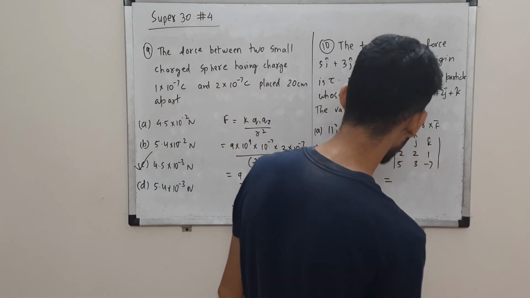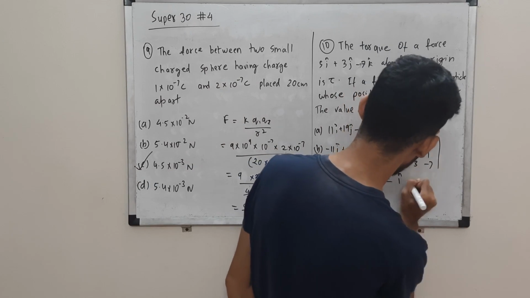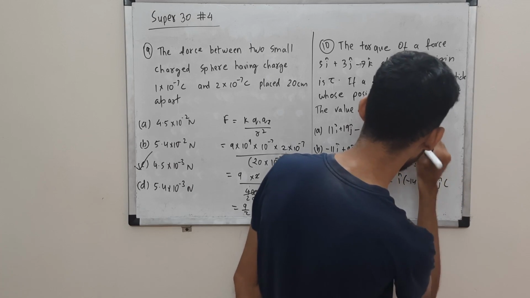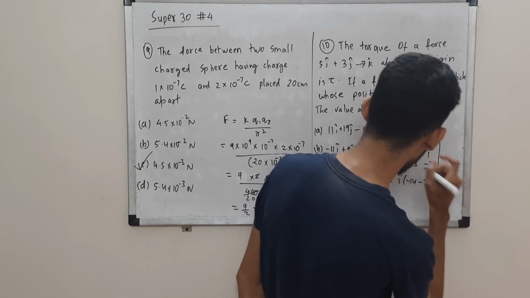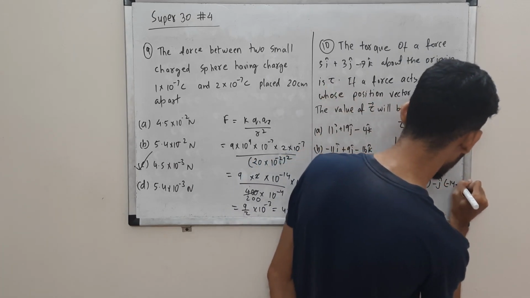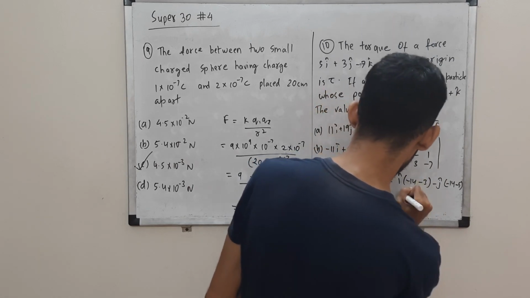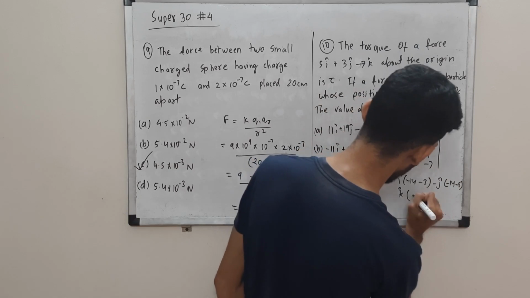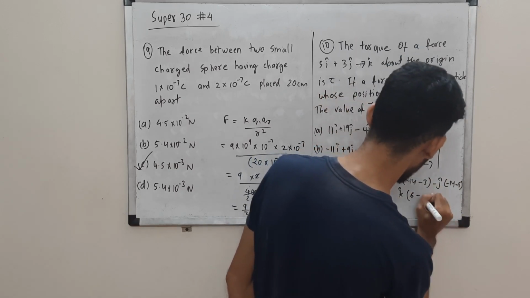Find it out. i cap: minus 14 minus 3, minus j cap: minus 14 and minus 5, and k cap: this and this, so 2 3s are 6 minus 5 2s are 10.